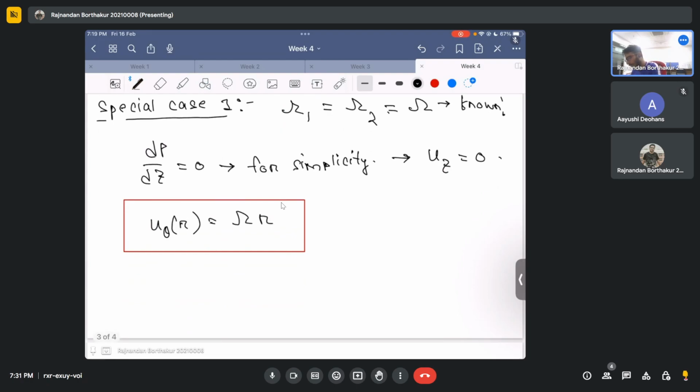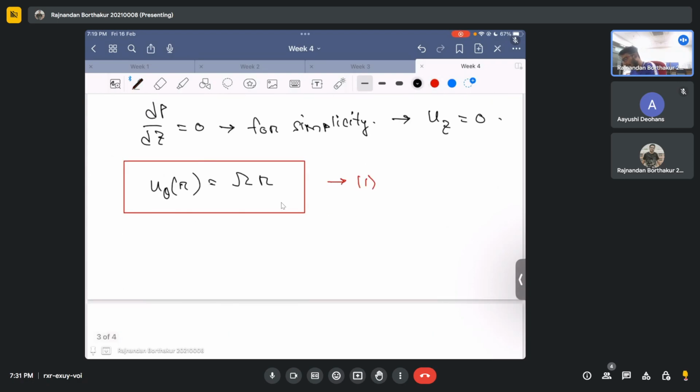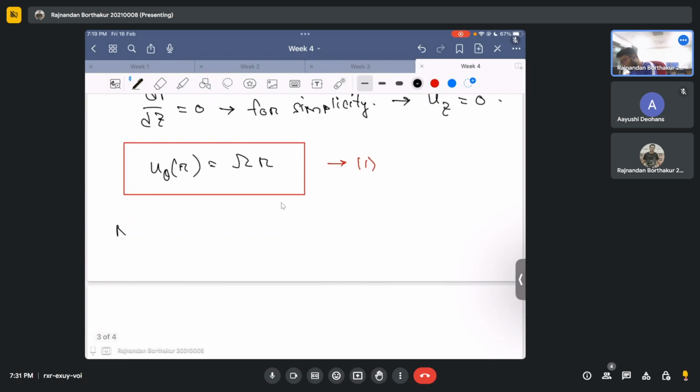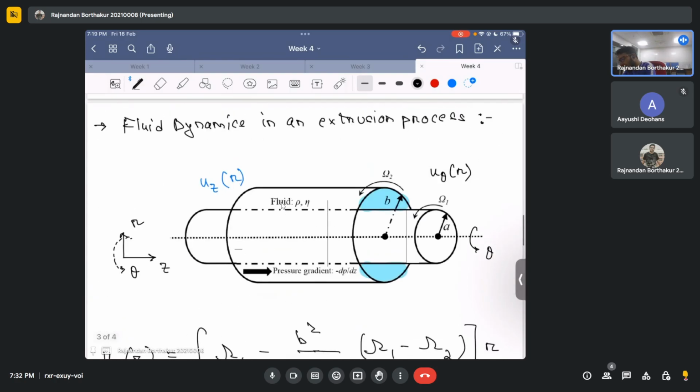So the theta direction velocity is omega r, and we'll just name it equation 1. Now let us apply the Navier-Stokes equation in the r direction and see what we get. We already know that ur is 0, since these cylinders are rigid in nature.